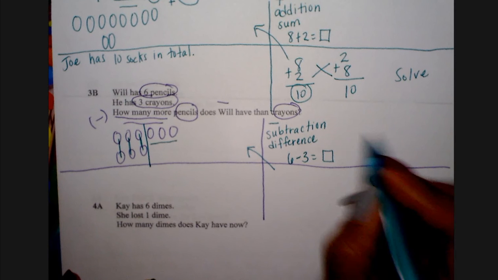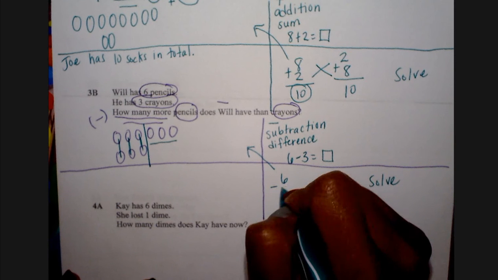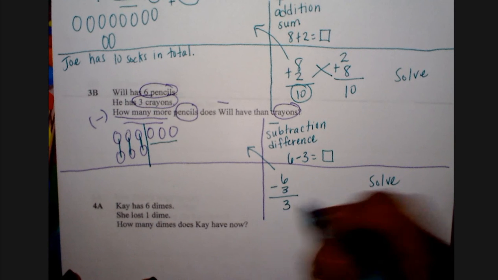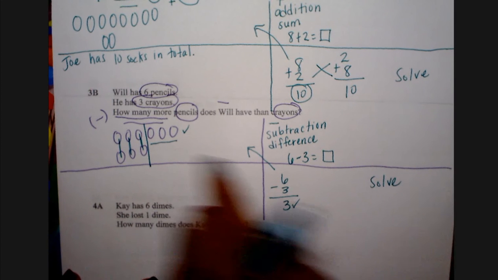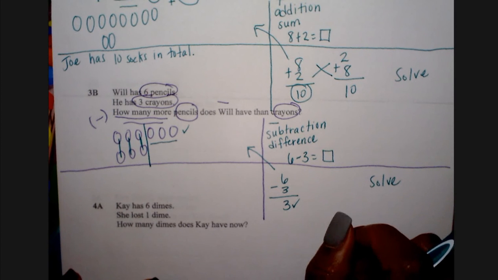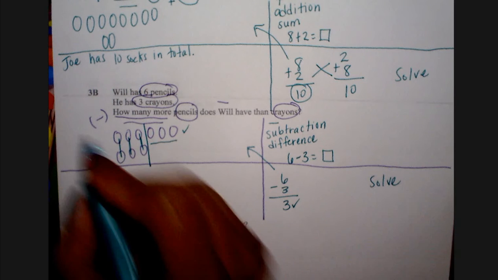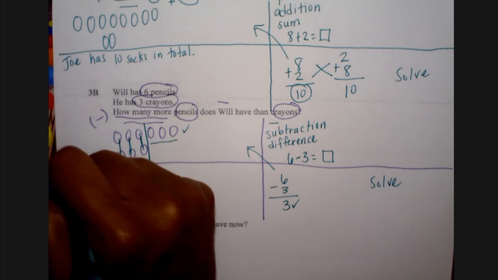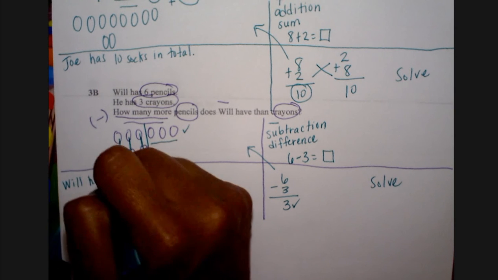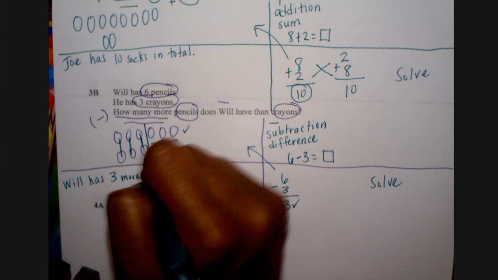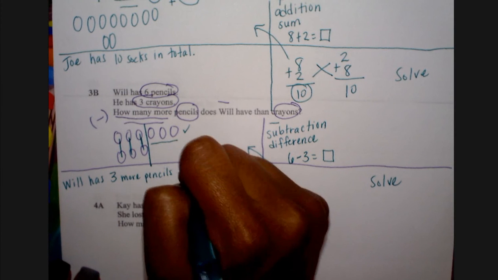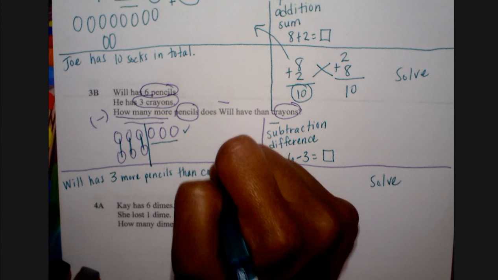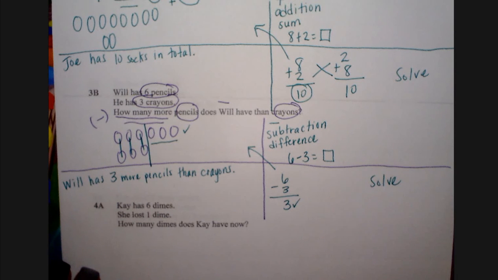Okay, so 6 minus 3 equals 3. Does it match? Yes. Okay, we reiterate the question. How many more pencils does Will have than crayons? Will has 3 more pencils than crayons.